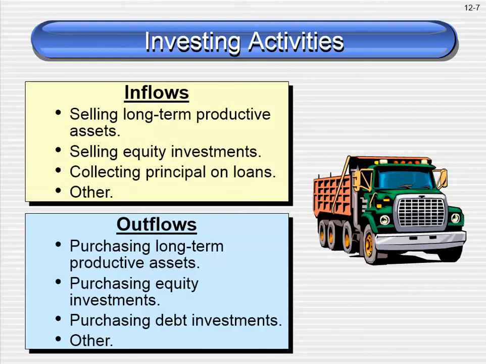Investing activities, if you remember, deal with our long-term plant assets or long-term assets, so things like property, plant, and equipment. So how would you get an inflow from property, plant, and equipment? Well, you'd have to sell some long-term asset that you own in order to get an inflow of cash, or sell an equity investment. That equity stands for stock in another company.